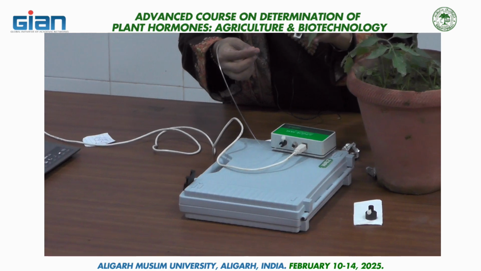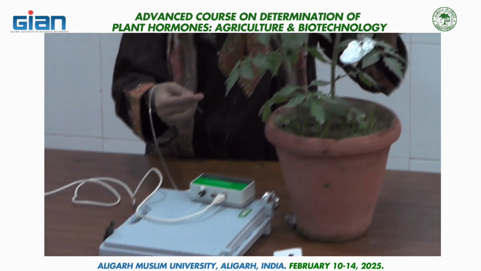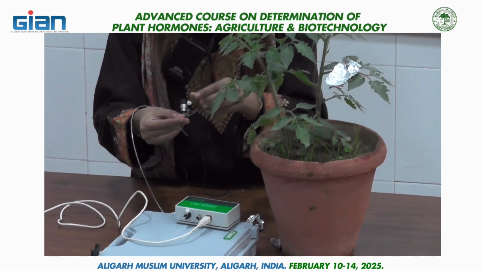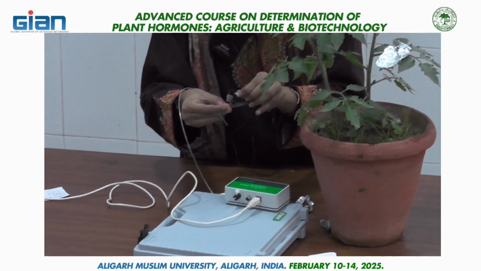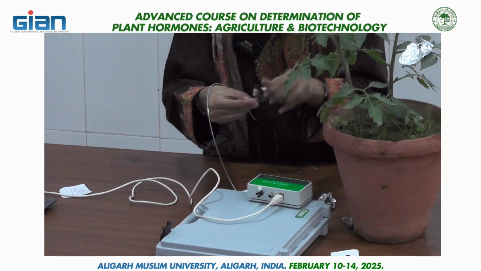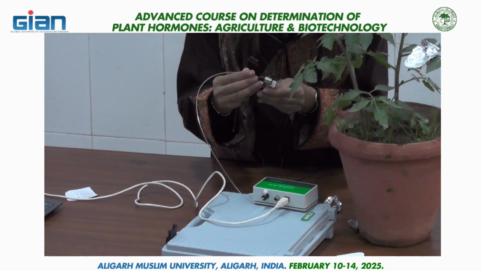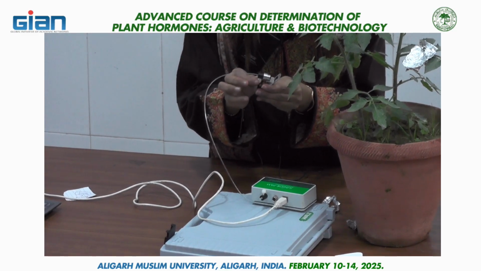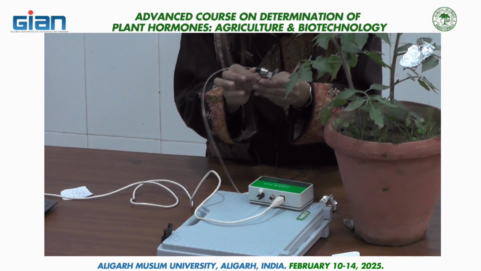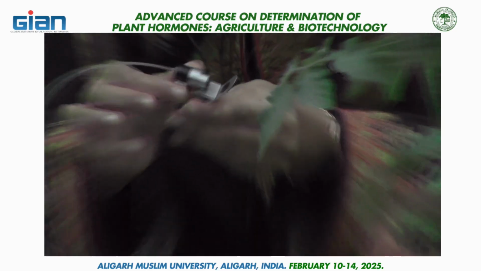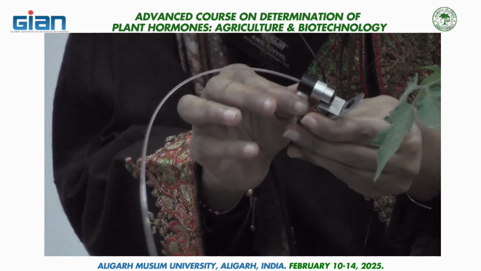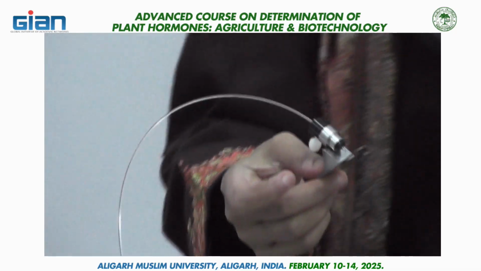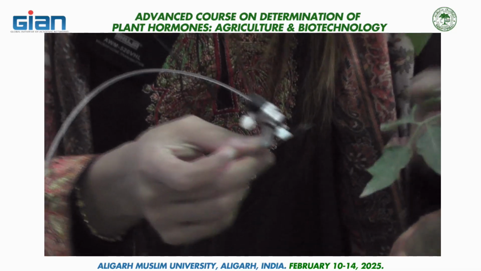This clip is basically used when we are going to study light adapted samples, and this particular magnetic one is for dark adapted samples only. We can take any leaf, starting from hormone treated only.